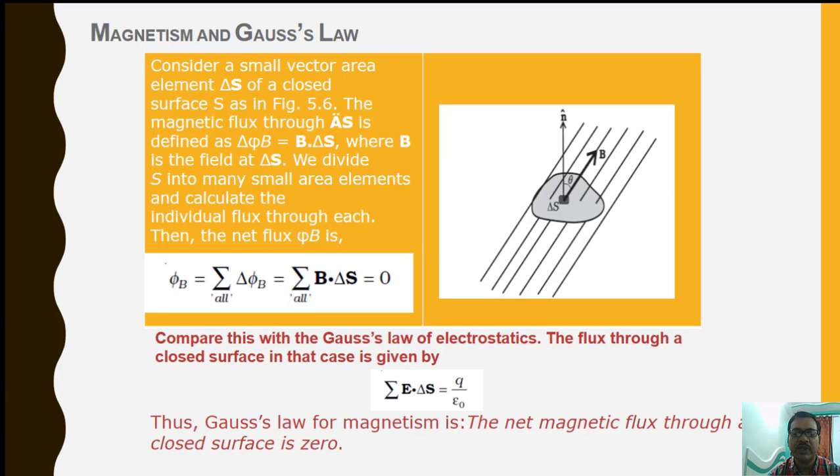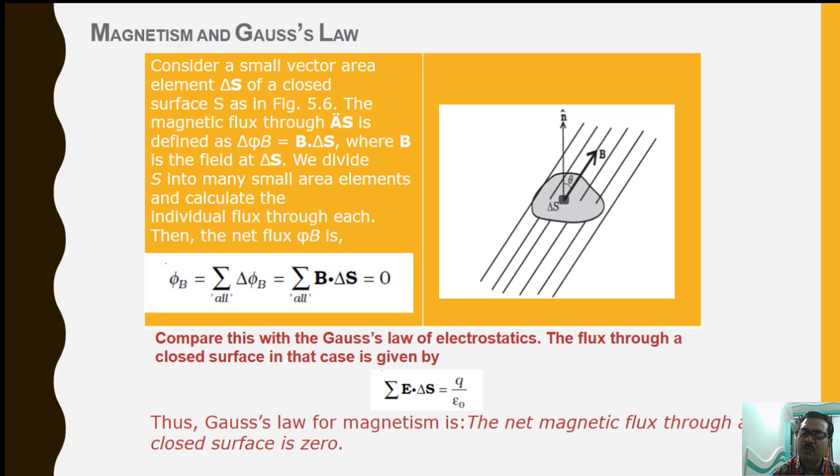The flux through a closed surface in that case is given as summation E dot delta S equal to Q/epsilon naught. Thus, Gauss law for magnetism: the net magnetic flux through any closed surface is 0, because B dot delta S equal to 0, delta S cannot be 0, so B equal to what, 0.